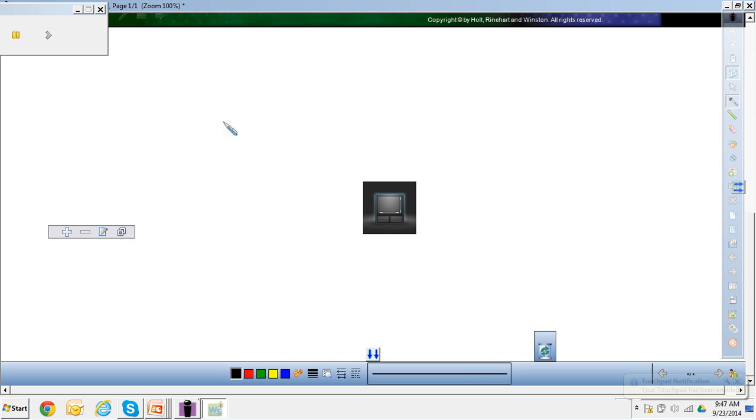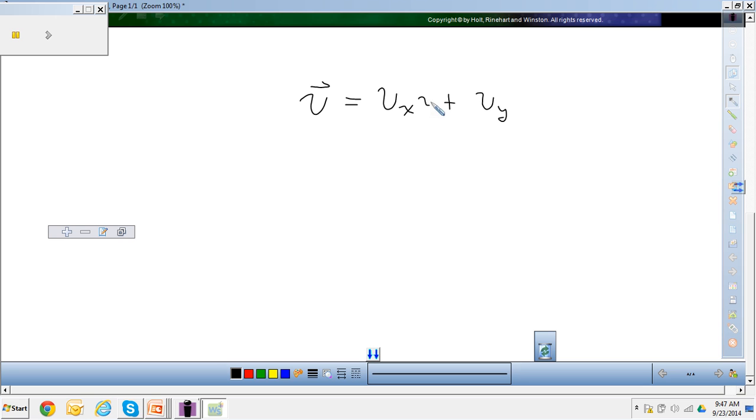So, all right. Back to it. Okay, so velocity is a vector, yes? So you have some x component and some y component, and this is going in the x-hat direction, and this is going in the y-hat direction.